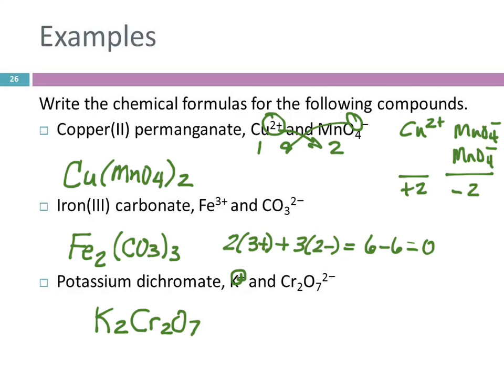There's 1 plus charge, and if we're going to do crisscross, which we can because this is 1 and that's 2, they're not the same. That becomes the subscript over here. We didn't write the 1 up there. We don't write the 1 as a subscript either. And this 2 becomes the subscript on the potassium. So we get K2Cr2O7. No parentheses because we only have 1 of the polyatomic ion.